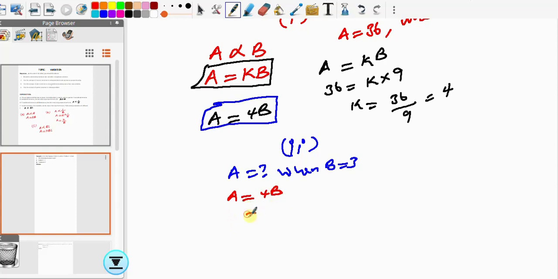We are given B as 3, which is 4 multiplied by 3, which is 12. So the value of A now is 12 when B equals 3. That is the second one.